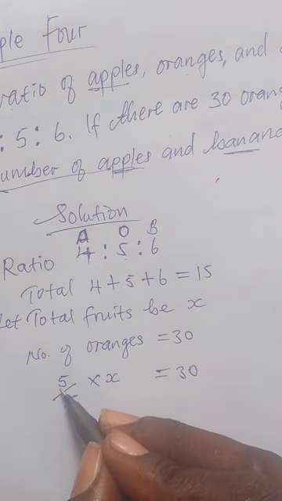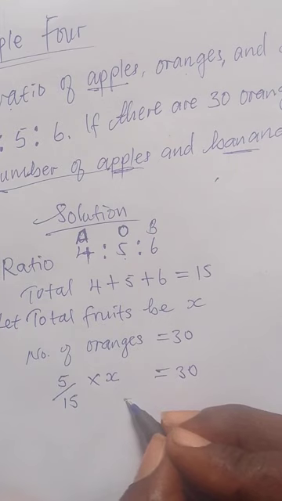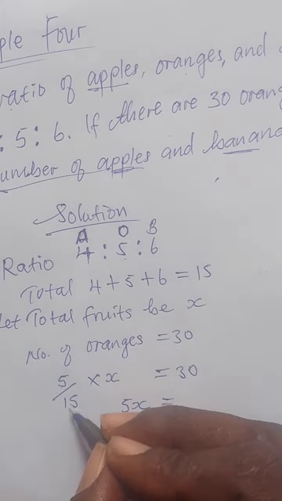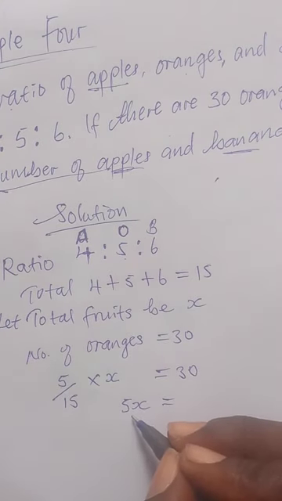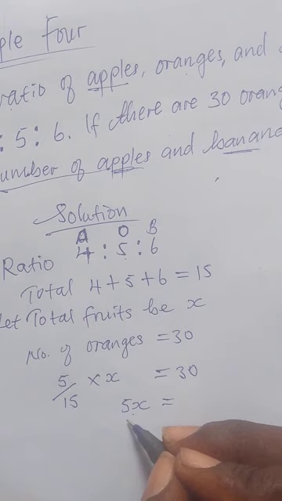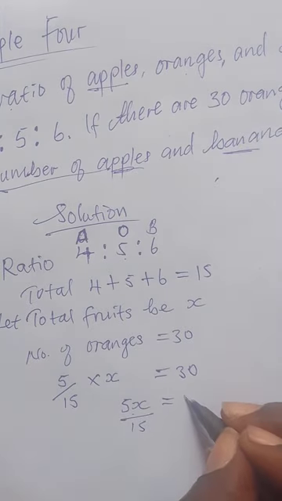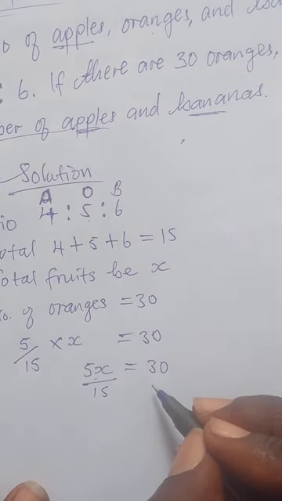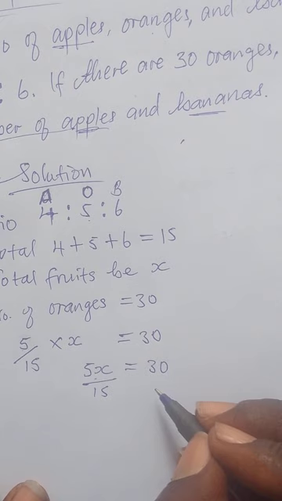So can we multiply 5 and x, which will eventually give us 5x. So we now have 5x upon 15 to be equal to 30. I am taking my time so that beginners can understand exactly what I'm doing.